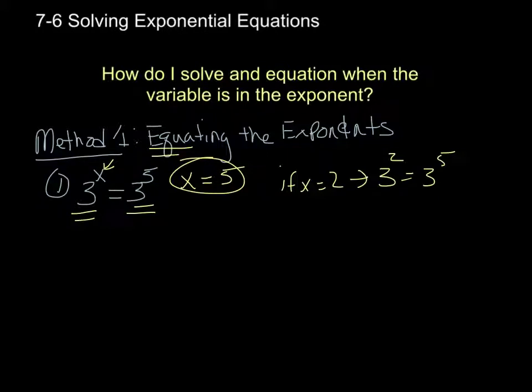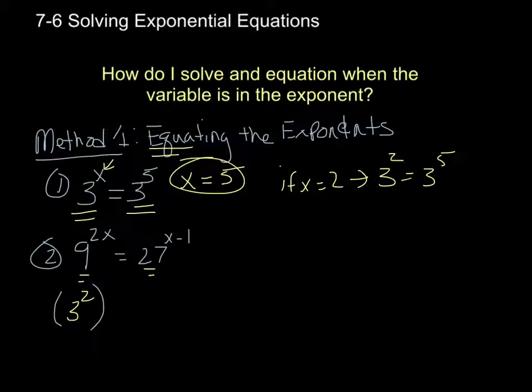Now, again, this is a little trivial, so let's move on to something a little bit less trivial with the same idea. Let's say I had 9 to the 2x equals 27 to the x minus 1. Now, this is not nearly as obvious, but when I look at 9 and 27, I realize that 9 and 27 are both powers of 3. 9 is 3 squared.